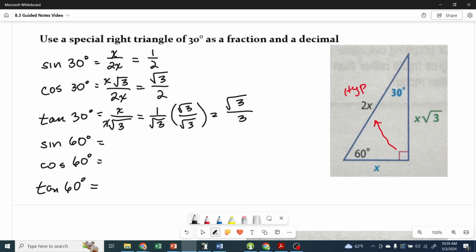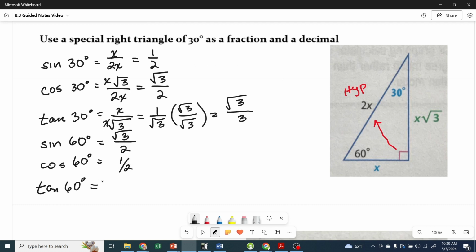Alright, so the sine of 60 should be equal to the cosine of 30, right? So that's going to be the square root of 3 over 2, right? The cosine of 60 is equal to the sine of 30, which is 1/2. Right?